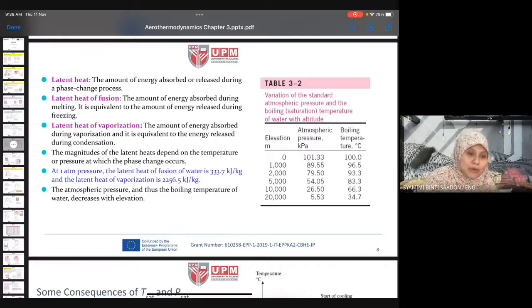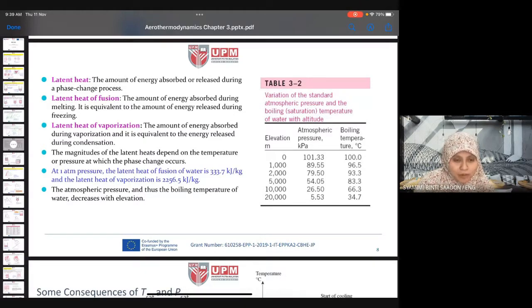This amount of energy from heat is what we call latent heat. The latent heat of fusion is during melting, which is equivalent to freezing, the opposite of melting. And latent heat of vaporization is the amount of energy absorbed during vaporization, which is also assumed to be equivalent to the opposite, which is condensation.